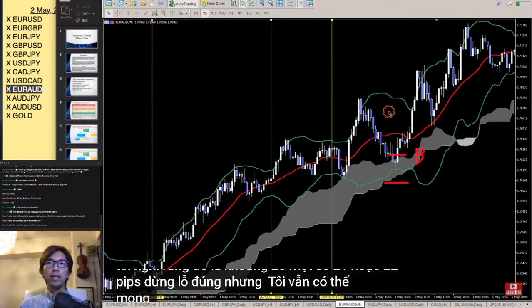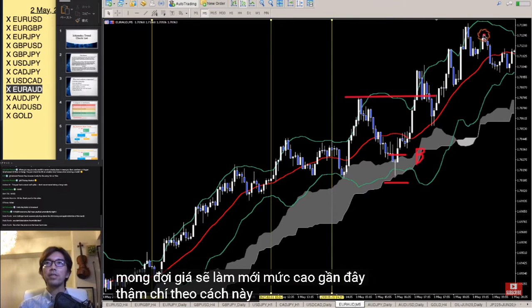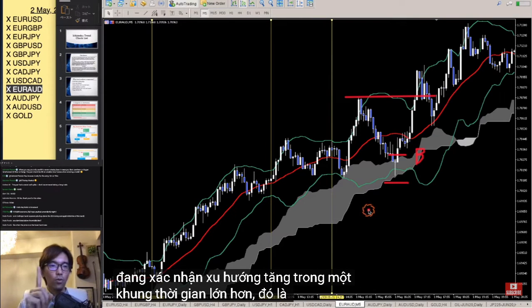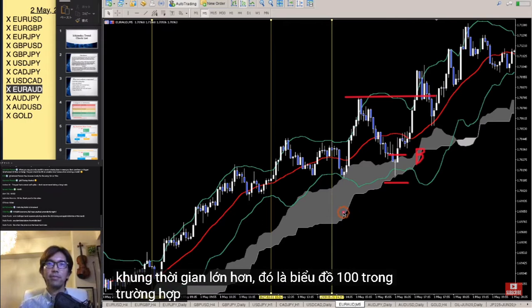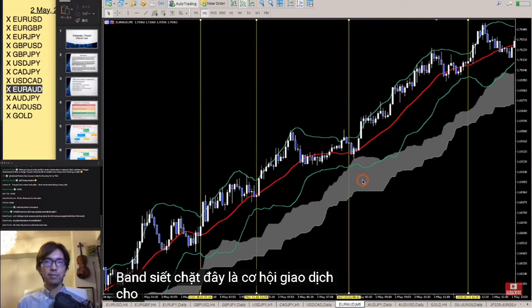But I can still expect the price to renew the recent high, even upwards this way, because I am confirming uptrend in bigger time frame, which is 1 hour chart in this case. So yeah, as for the Bollinger Band squeeze, these are the trade chances for me.